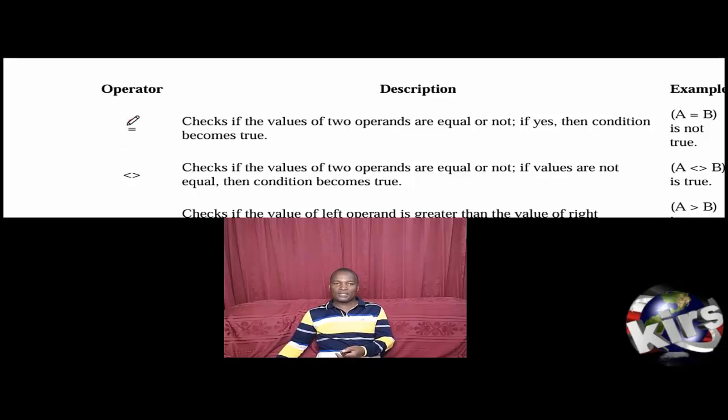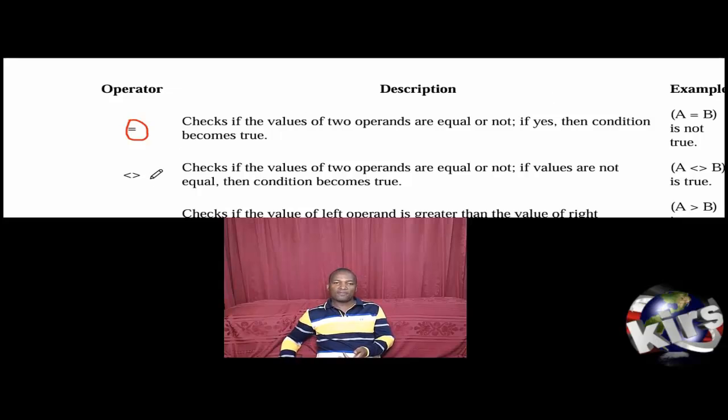The first one checks if the values of 2 operands are equal or not. If yes, then the condition becomes true. For instance, in our earlier case we said a was 2 and b was 7, so if we say a is equal to b, 2 equals 7, it's not true.